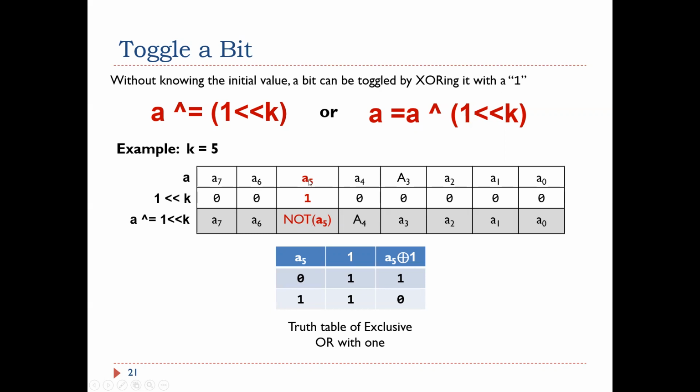Now, if we have 1 here, then 1 XOR 1 will be 0. So we are able to make that toggle in both cases. If it is 0 or 1, in both cases we were able to toggle A5 by doing the XOR operation with 1.